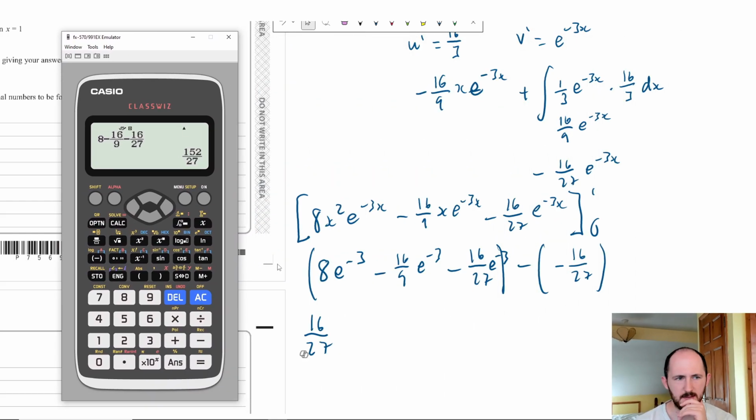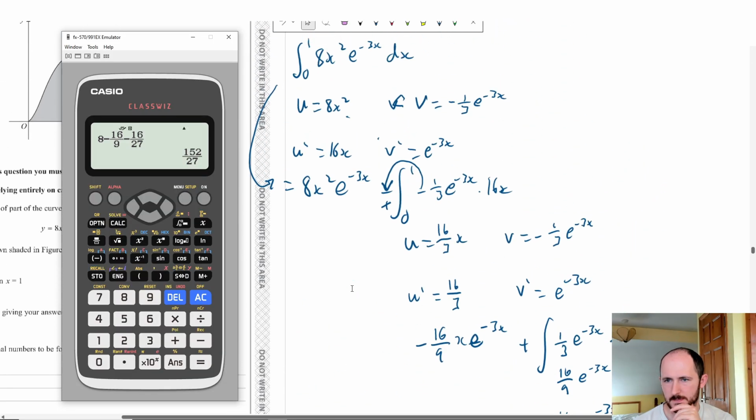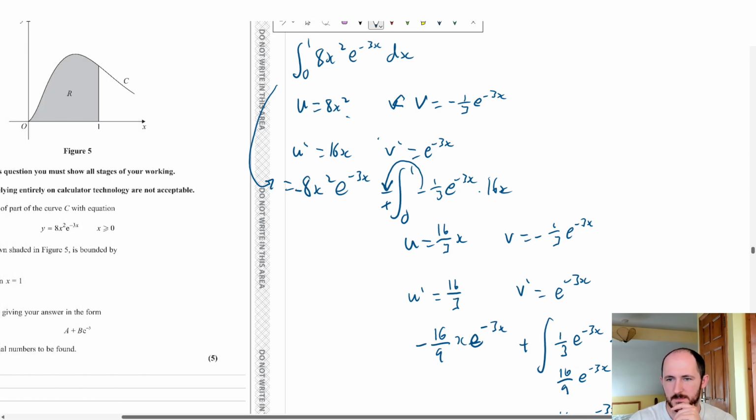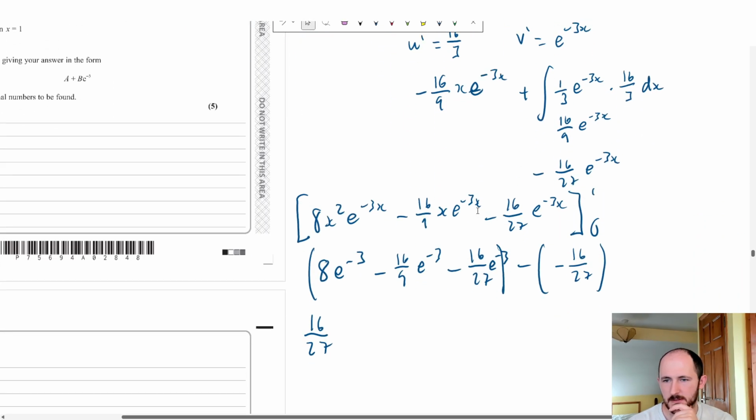Is there anything that I've done wrong there? Let's have a look. No, that's fine. Yeah, that's all good. Hang on, uv. That should be a minus 8 over 3.